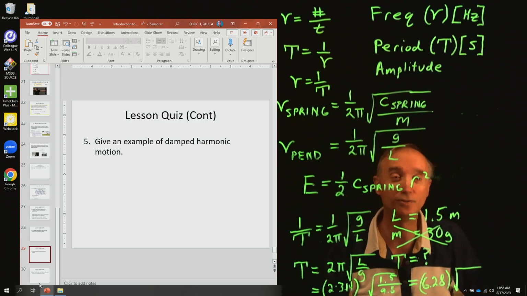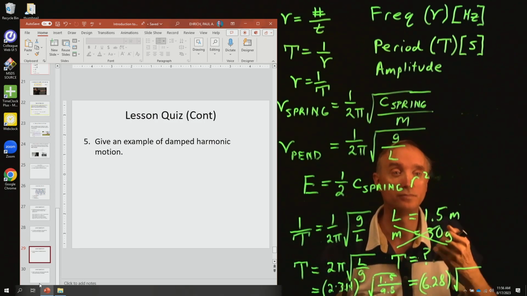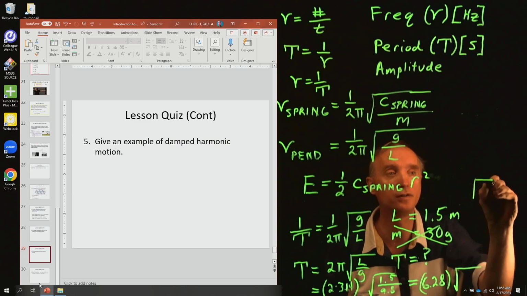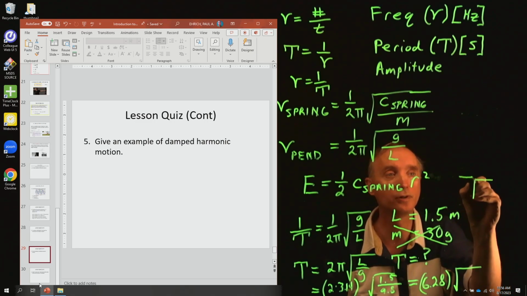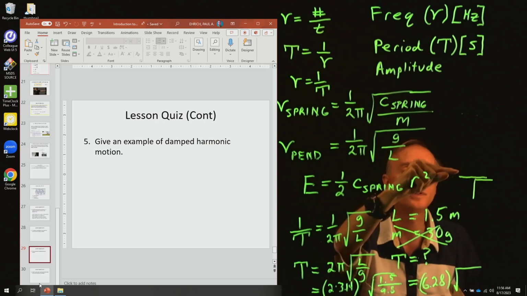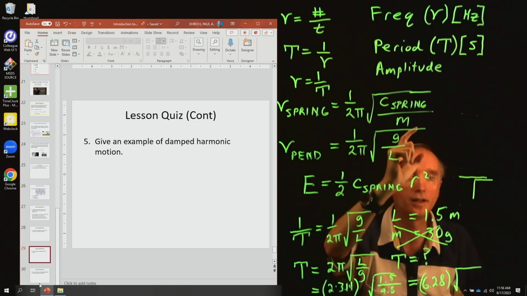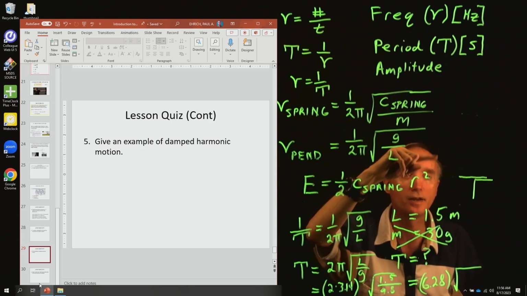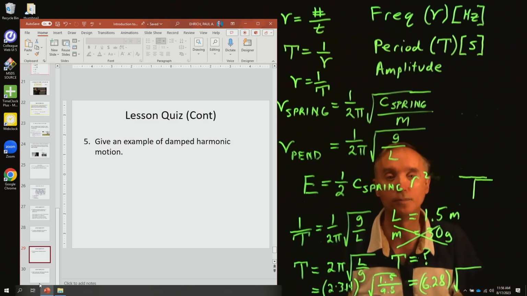Another one that you could do is if you've got a ruler. So if this is the edge of a table, take a ruler and put it off the edge like that, and then take your finger, push it down, and then let it go, and it's going to oscillate like this, but eventually it comes to a stop. Damped harmonic motion.